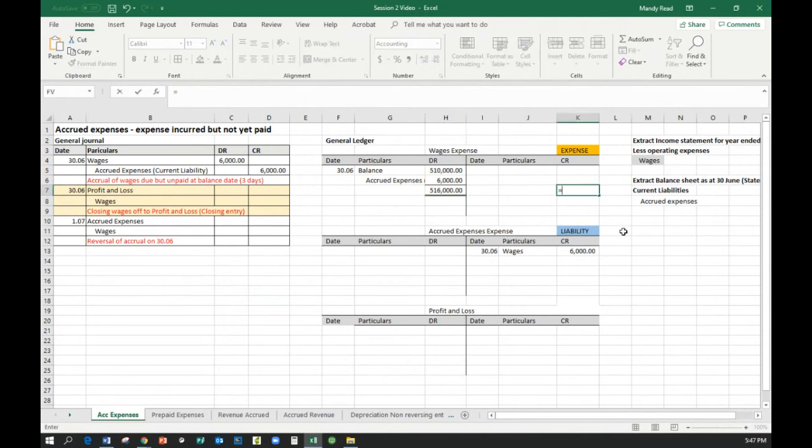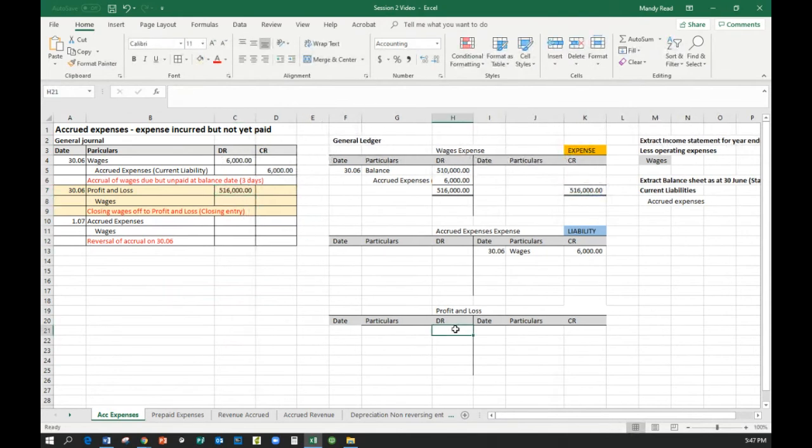We know that this wages account has $516,000 in it. We need to close that $516,000 from the wages account to the profit and loss account. So into the profit and loss account, we are going to put $516,000. Okay.